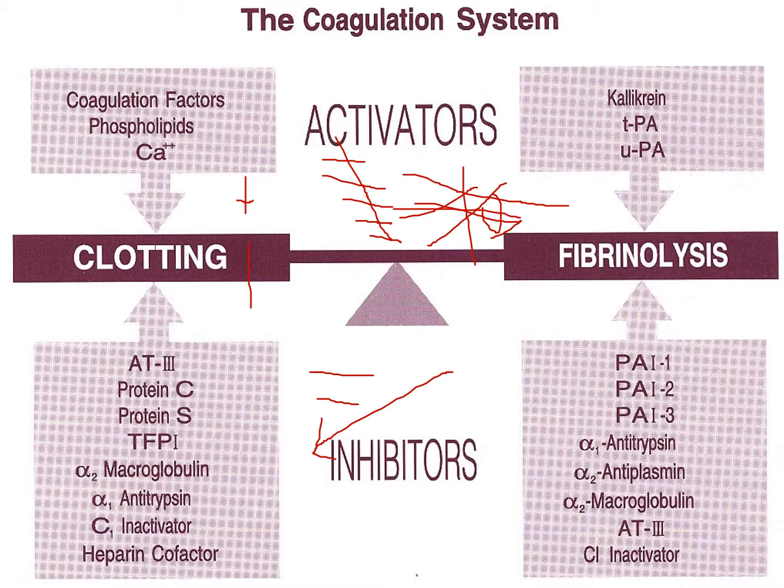Furthermore, once you do have a clot, you eventually have to digest that clot to allow new tissue growth and repair, and that's known as fibrinolysis. These are the chemicals that are involved in breaking up that said clot.